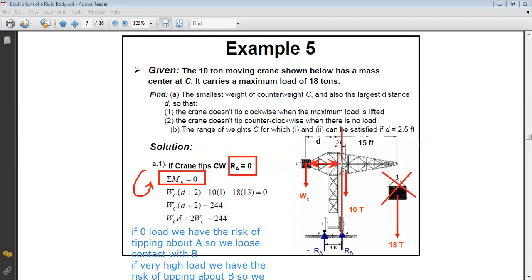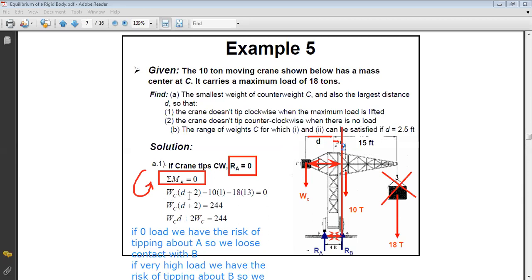What is the distance from here to here? Look, you have that this is 4 feet here, and D is from C to this point. So here the remaining distance is half of 4, which is 2. So the distance between WC and B is D plus 2. This distance here is half of the distance between A and B, which is 2, and I add to it D, I get WC times D plus 2.